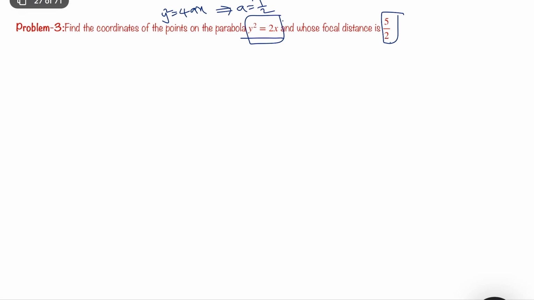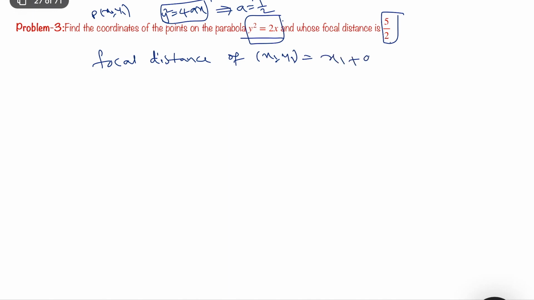Okay, and we know that for a point P x1 y1 on the parabola y square equal to 4ax, the focal distance, which we have seen in the last video, is x1 plus a. Here that is given as 5 by 2. But what is a here? 1 by 2. So we should have x1 plus 1 by 2 equal to 5 by 2. That implies x1 equal to 2.